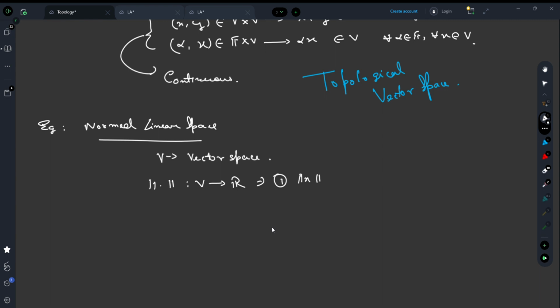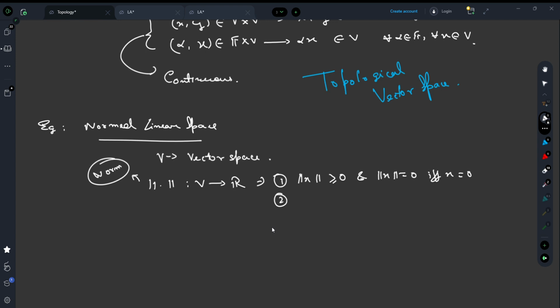We call this function a norm. The norm of x, for any vector you choose, is always greater than or equal to 0, and the norm of x is 0 if and only if the vector itself is 0. This is the first property, also called the positive definiteness property.